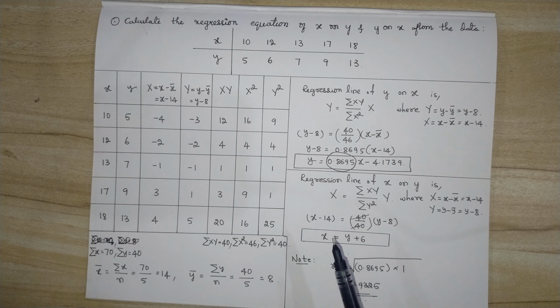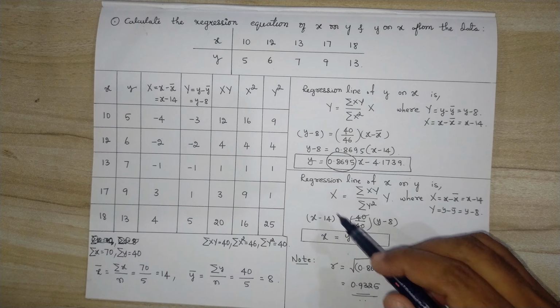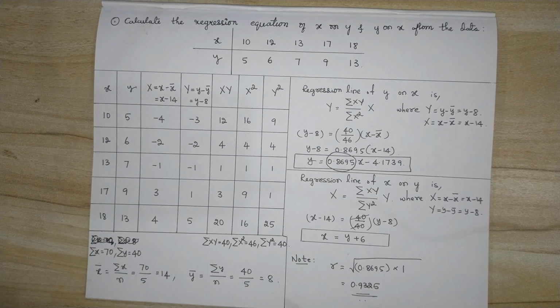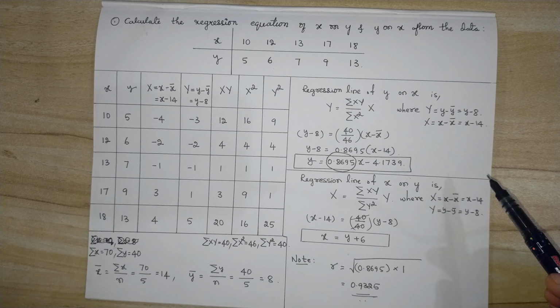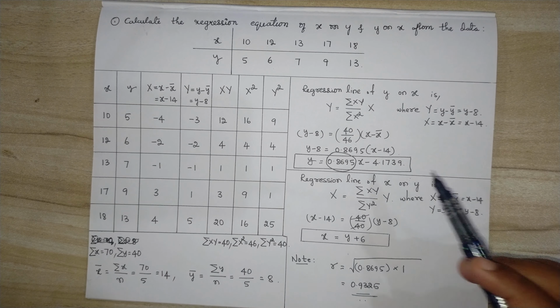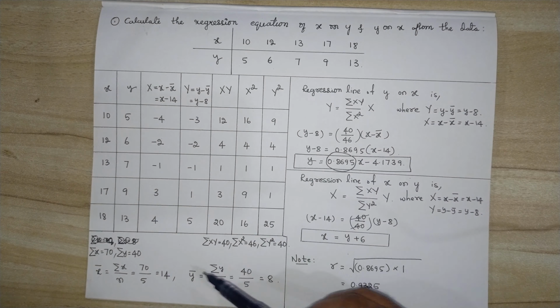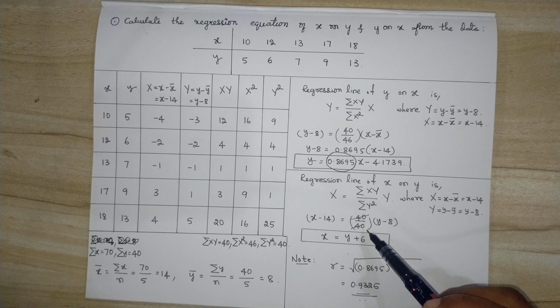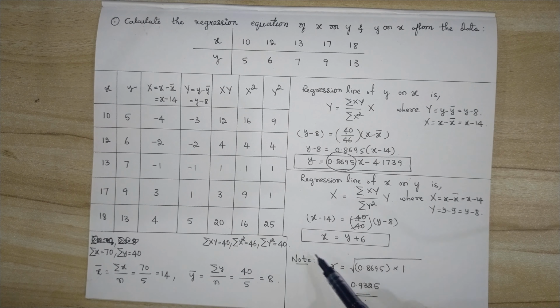Similarly, we can calculate the regression line of x on y. That is x equals summation x into y divided by summation y square into y. So we know what is x bar and y bar, right? Just substitute the x bar and y bar values here, and we know summation x into y, and we also know the summation y square. Just substitute those values, and we can calculate the regression line of x on y.